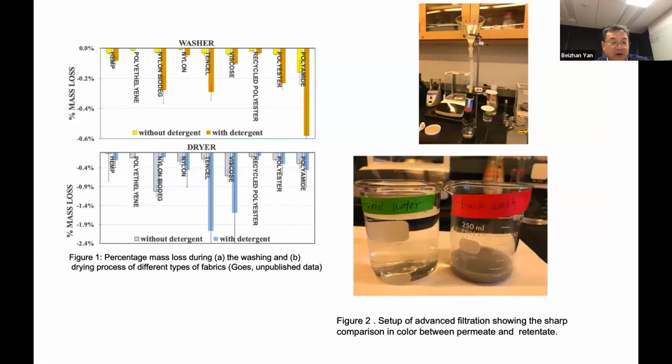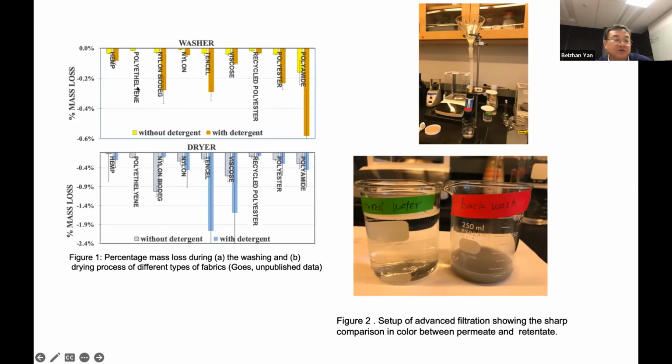And my colleague Joachim is also using washers and dryers to find out the textile mass loss for each dryer process or washing process. In the dryers, the mass loss of the fibers was pretty high, some of them even more than 1%, clearly showing the shedding of fibers coming out from the dryers.